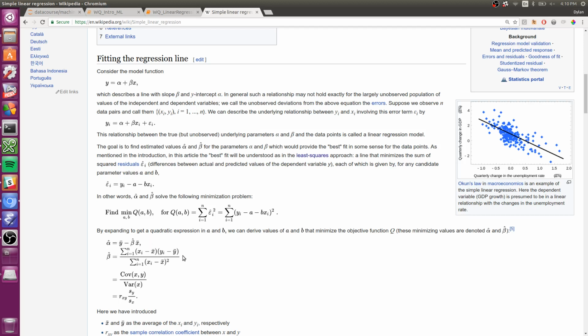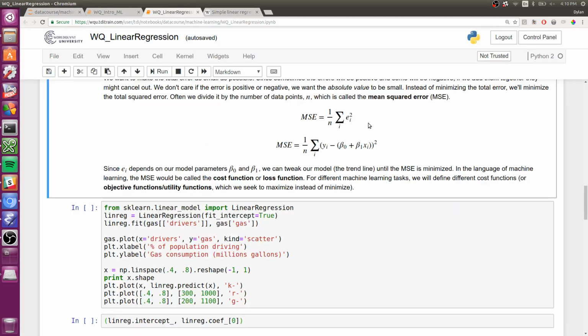So it's possible to derive from this minimization problem exactly what the model parameters should be. In our case, beta naught and beta 1. I'm not going to go through that derivation here. It's not terribly important.